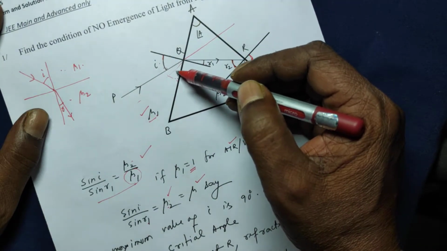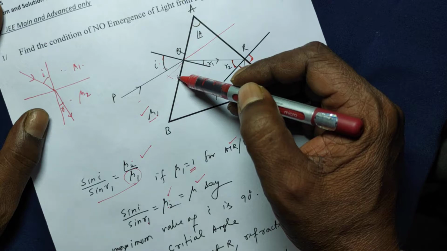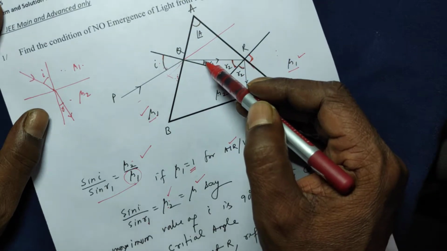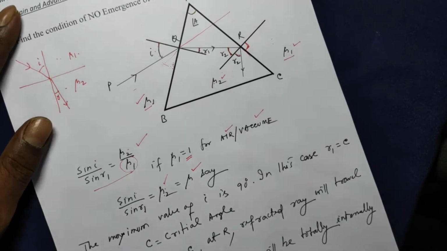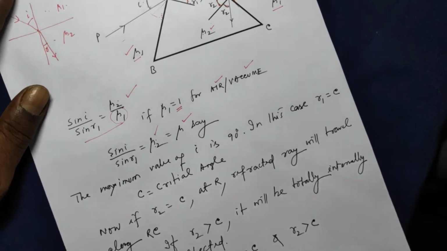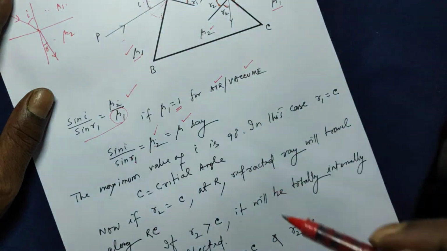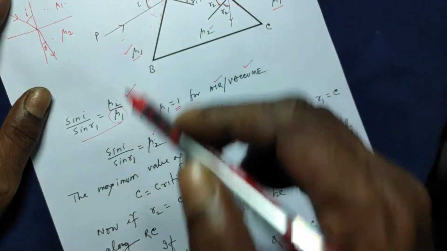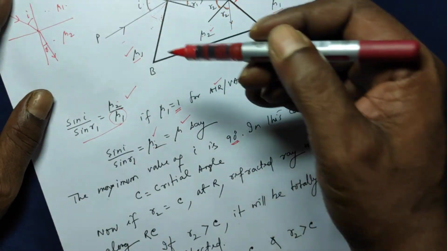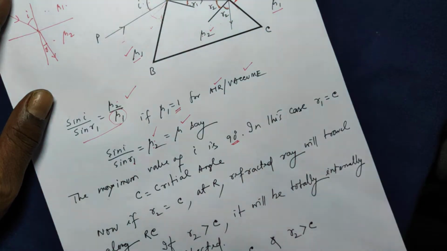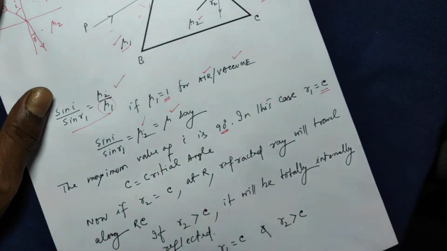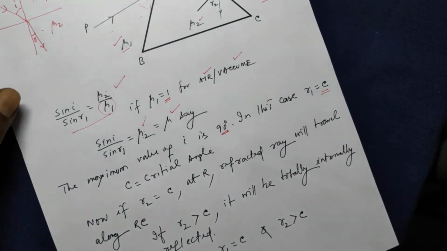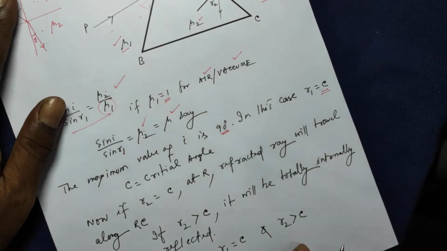If in the rarer medium the angle is 90, then in the denser medium this angle will be the critical angle. So the maximum value of I on this side is 90 degrees. If it is 90 degrees, then R1 will be equal to the critical angle, which I represent as C, where C is called the critical angle.